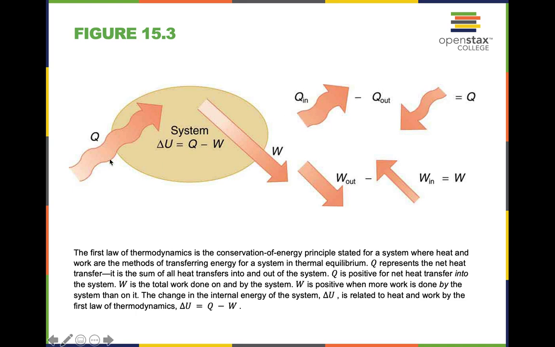So Q in minus your Q out will be your total Q, and work out minus your work in is your total W. That is, the work done out of the system minus the work done in the system will give you your total W. And same thing for your heat transfer Q.